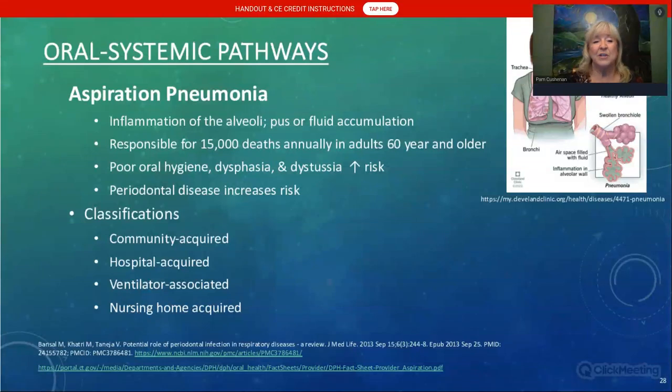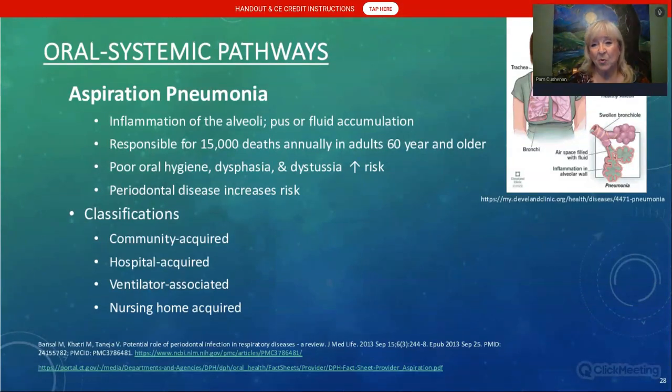Moving on to aspiration pneumonia. This is our oropharyngeal transmission of the bacteria. With aspiration pneumonia, that means the alveoli are filled with pus or fluid. It's responsible for an average of 15,000 deaths per year in adults 60 and older.